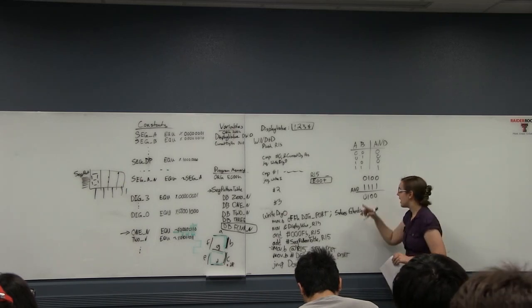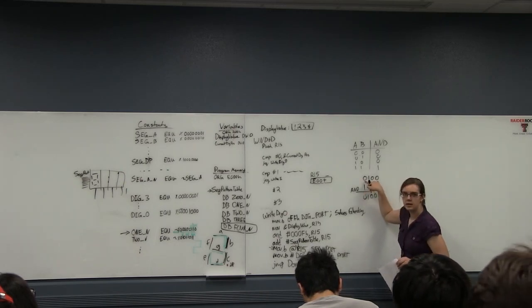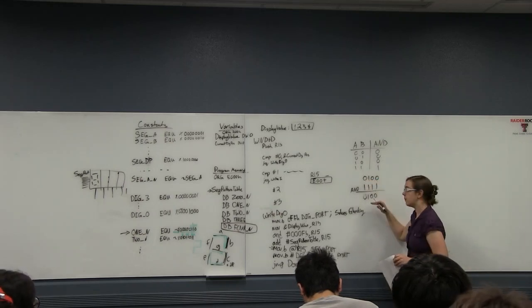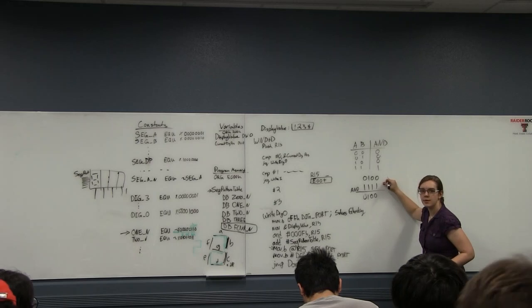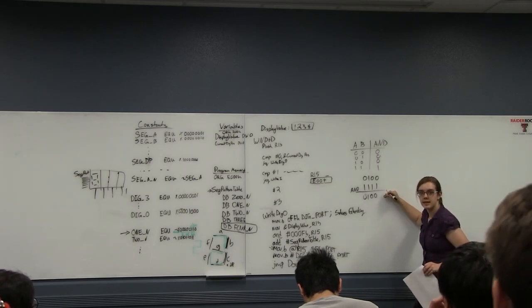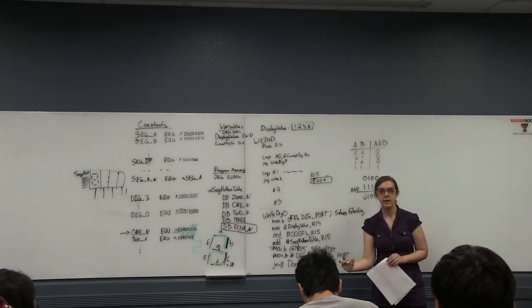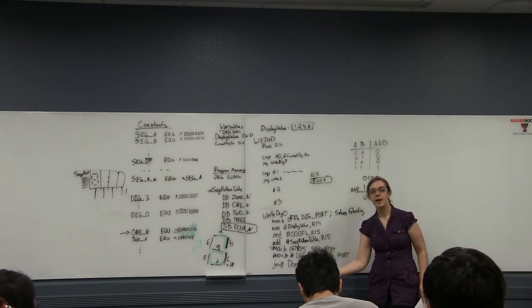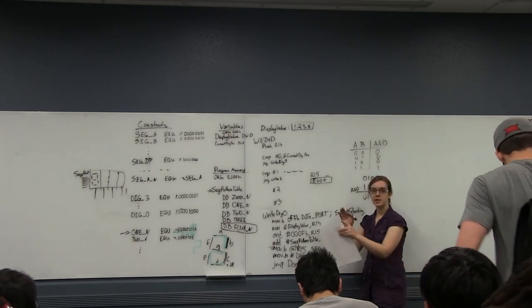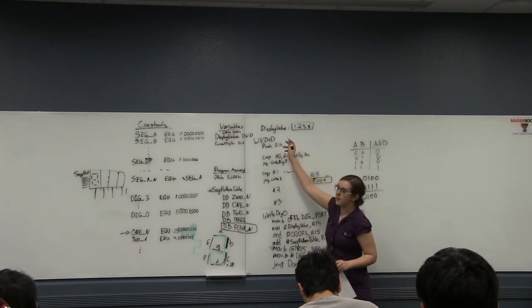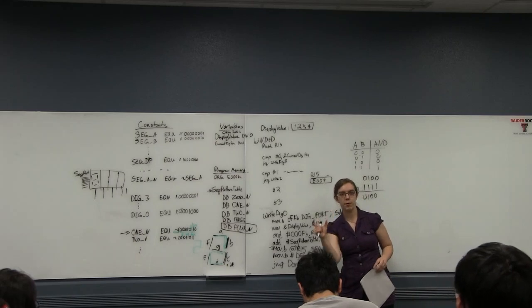See how that works? And any number like up here, it could be a 4, it could be an A, it could be a 1, whatever number you have here, if you AND it with all ones, it's going to be itself. And anything ANDed with a 0 is going to be a 0. So that way, you're able to select just one portion of the word length display value if you just want 4 bits of it.